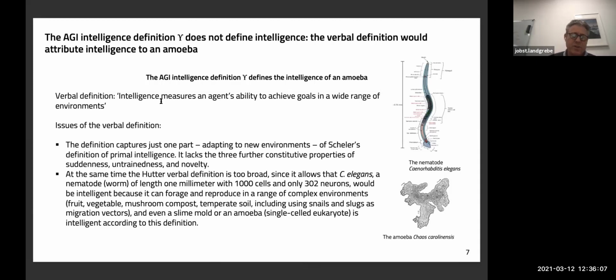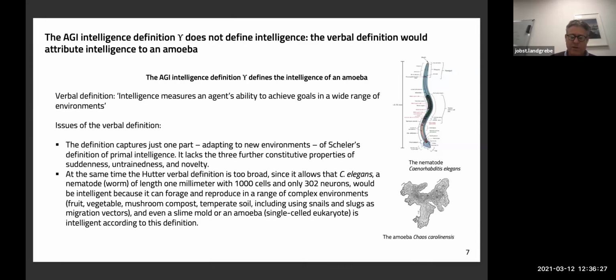The verbal definition they give is: intelligence measures an agent's ability to achieve goals in a wide range of environments. So this definition just captures one part of intelligence. For example, Scheler, who gave a very good definition of primal intelligence, which is basically the intelligence animals have, says that they should adapt to new environments.